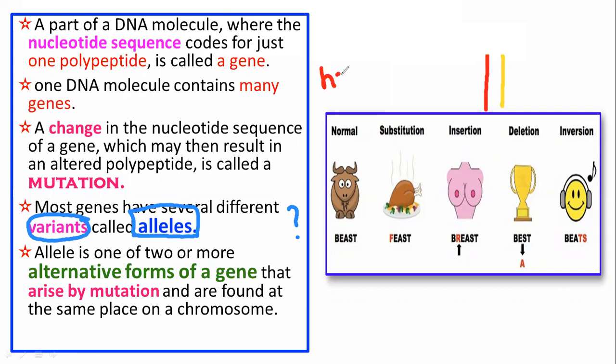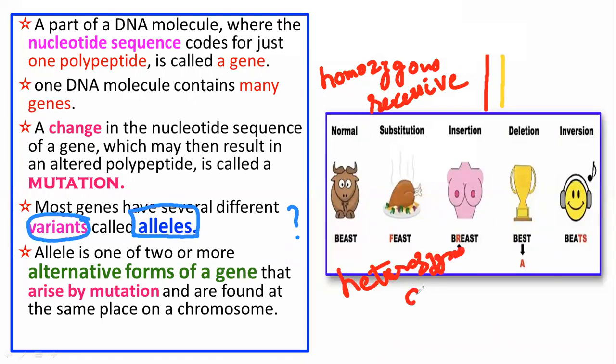We can have homozygous recessive, remember from your O levels? Homozygous recessive. Then we had heterozygous dominant. And then there is a third one called homozygous dominant.